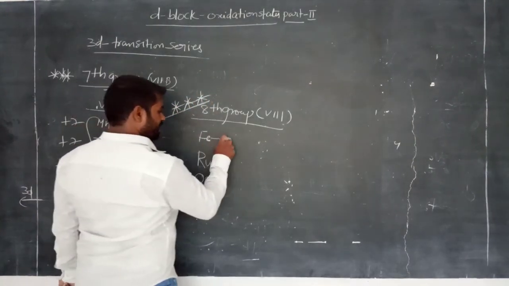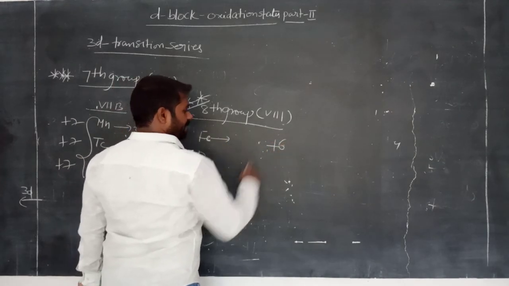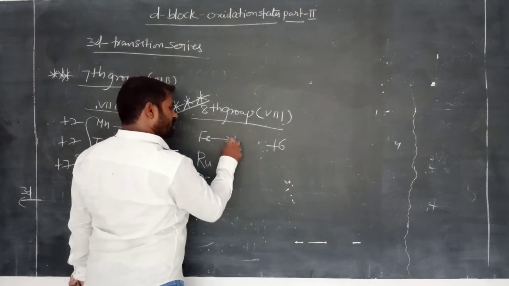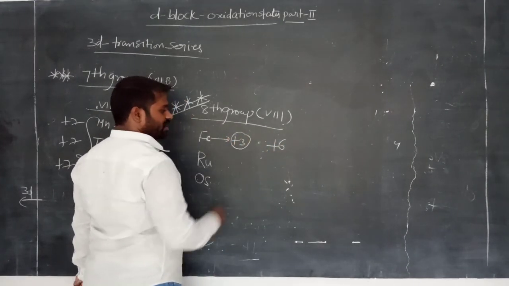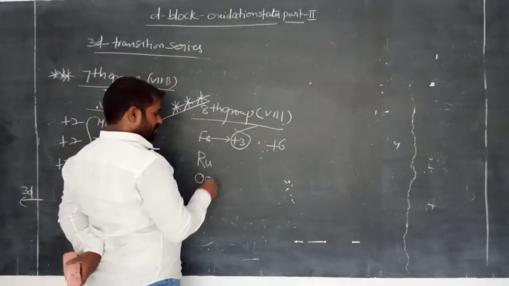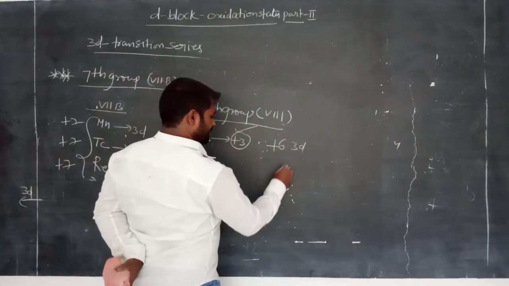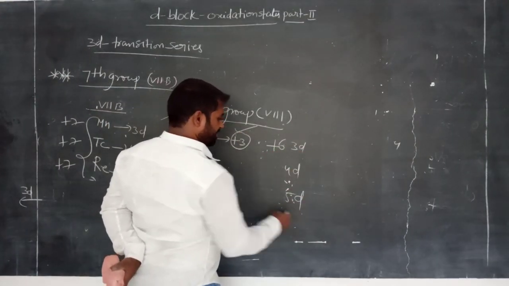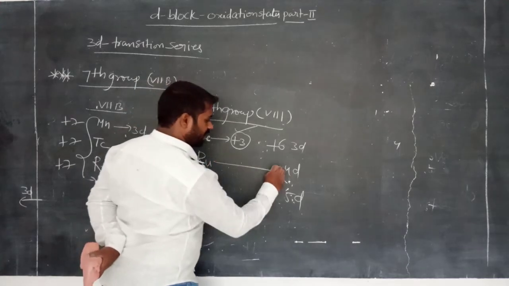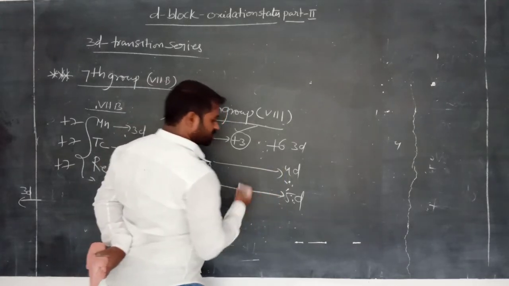Iron exhibits a maximum oxidation state of +6, but the stable oxidation state is +3. Okay, this is 3D, this is 4D, this is 5D. You have to remember this also. Ruthenium belongs to 4D transition, osmium belongs to 5D.